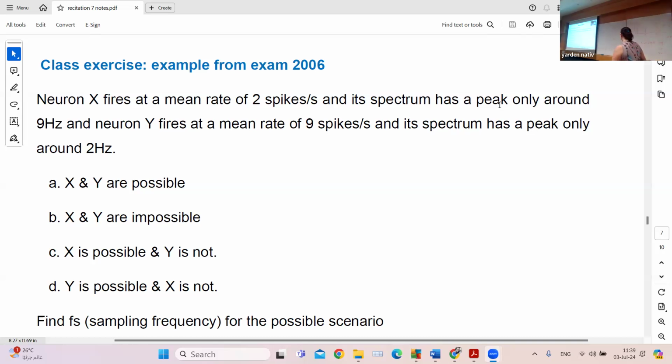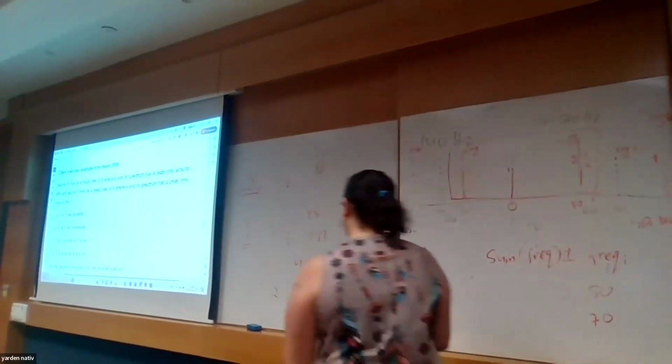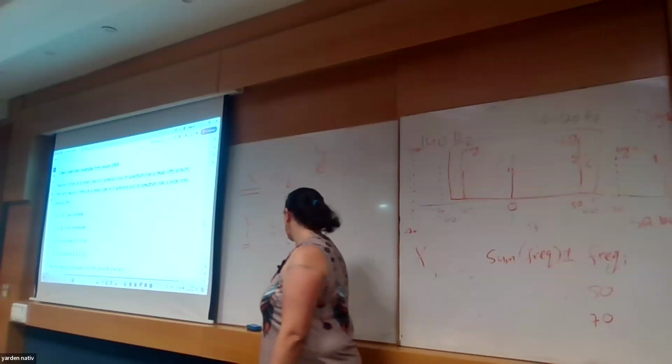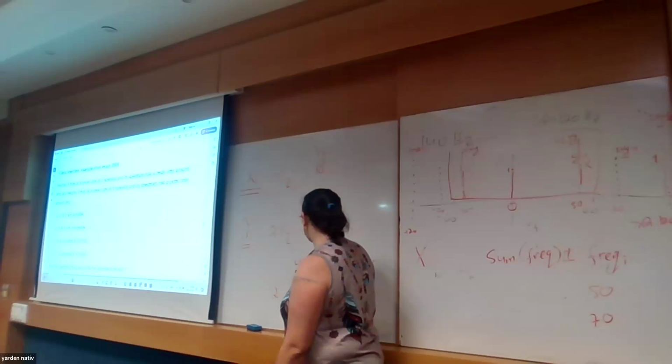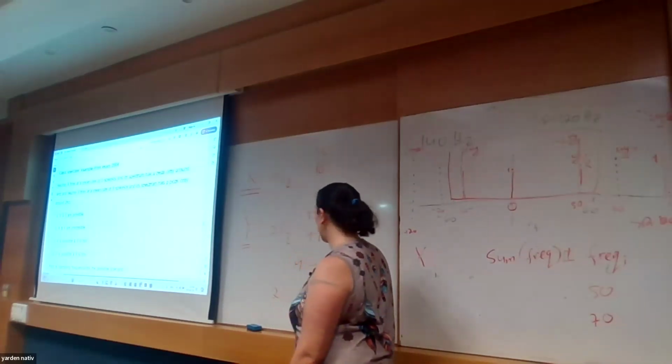Yes. So we know that our real frequency should have been at 9, but we have only 2. So this means that we could have either 11 minus 9 equals 2.